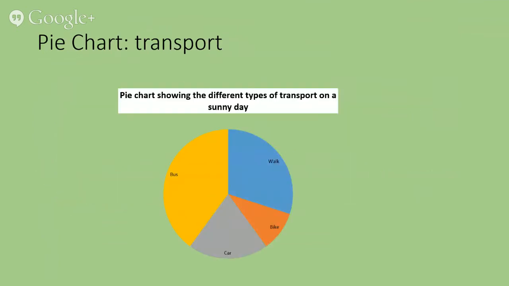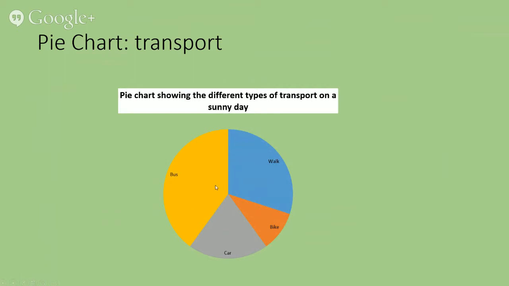So your pie chart in this instance would look something like this, right? There were so many people that used the bus. Those are the people that walked. Those are the bikes, and those are the motor cars.